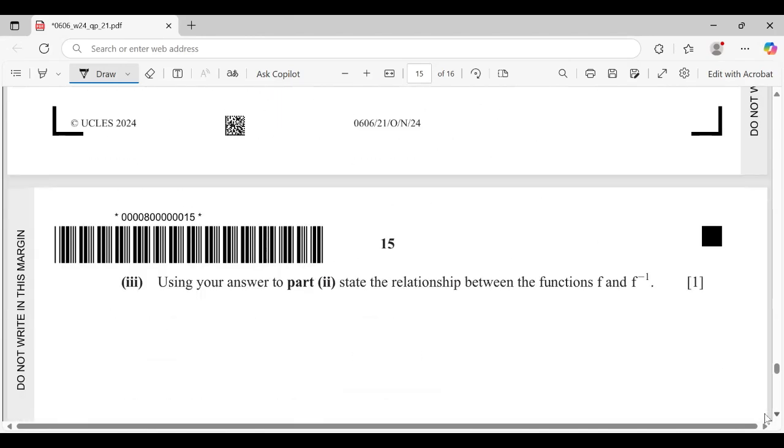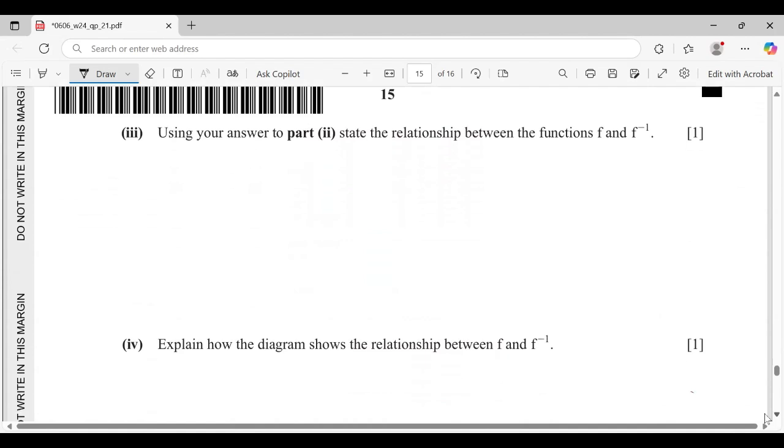Next question, part 3. Using your answer to part 2, state the relationship between the functions f and f inverse. From the previous solution, part 2, we found that ff(x) equals x.